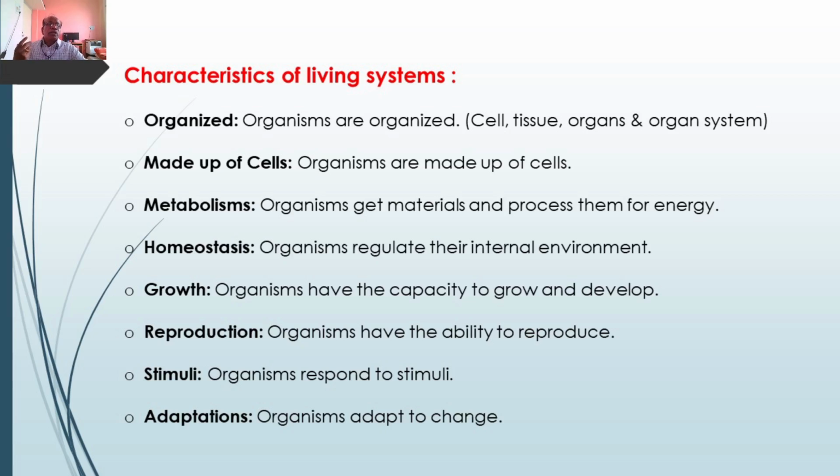There are different stimuli which are received by sense organs, and even the response in the form of action against the stimulus is also given by the living organisms or the living systems. So stimuli, organisms respond to stimuli.